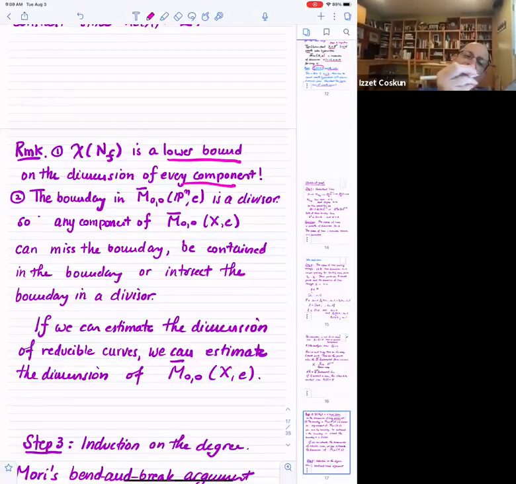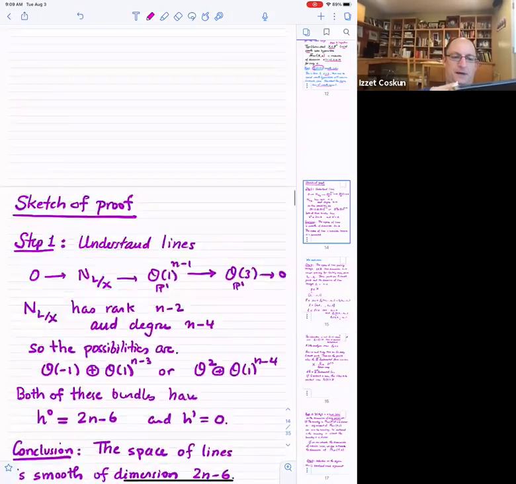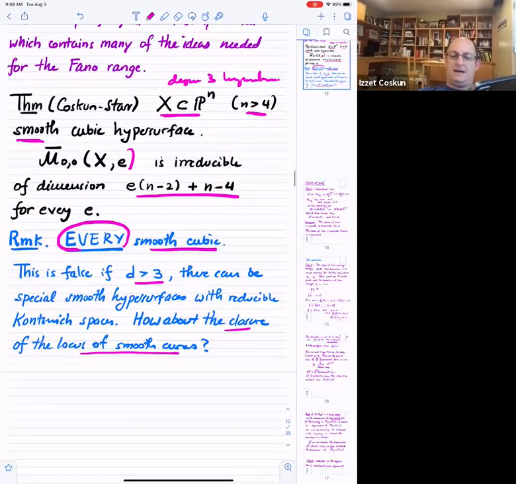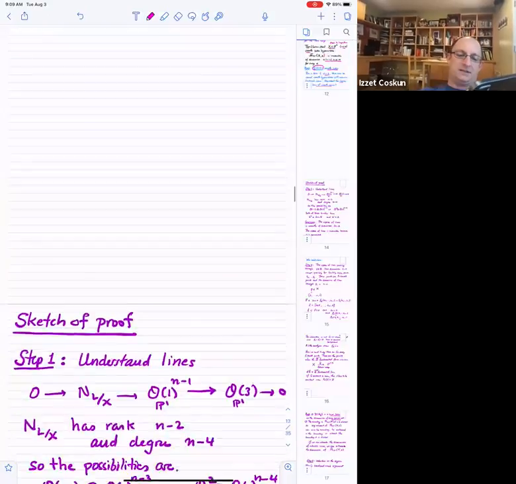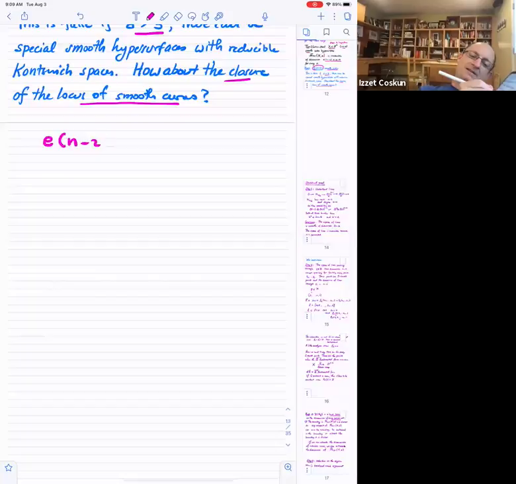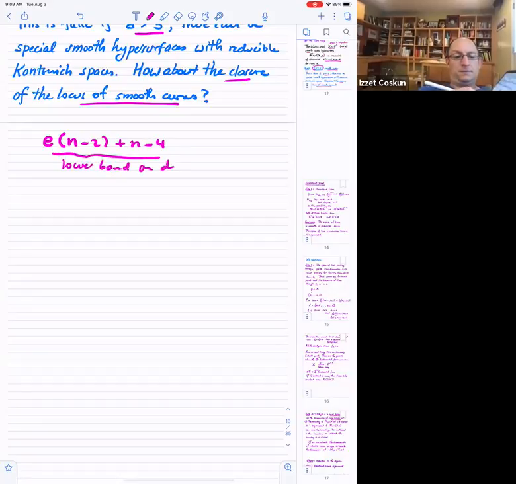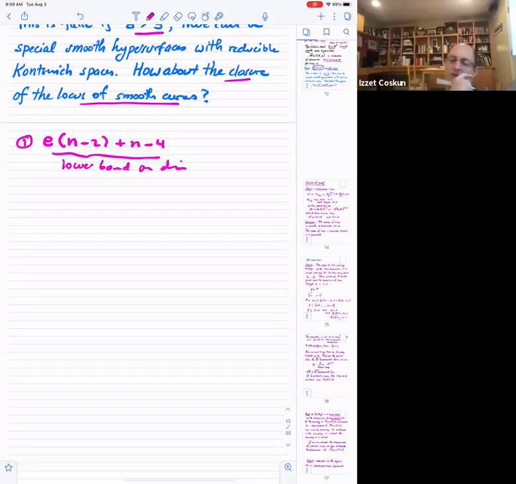This number that we found, e times n-2 plus n-4. So the first observation is that e times n-2 plus n-4 is a lower bound on the dimension. Okay, that's the first observation.